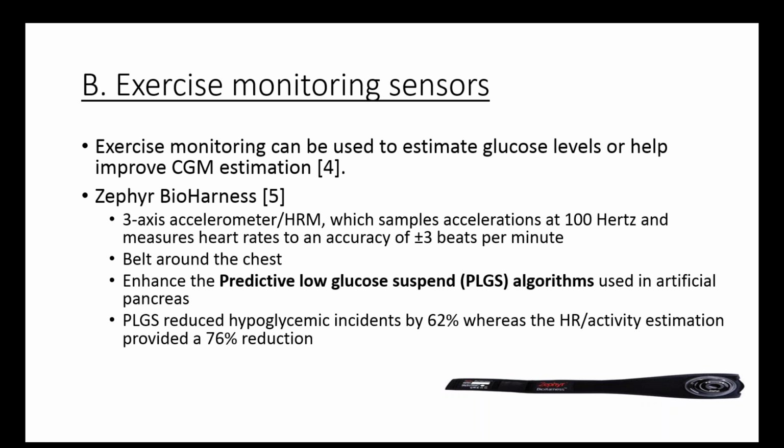I think for the algorithm's sake, it's probably good enough. It's not needed to be perfectly accurate. And apparently the CGM have this predictive blood glucose suspend algorithm already, based on, I think, some physiology knowledge. However, if you use this harness, you actually improve the prediction by 15%, which is significant.